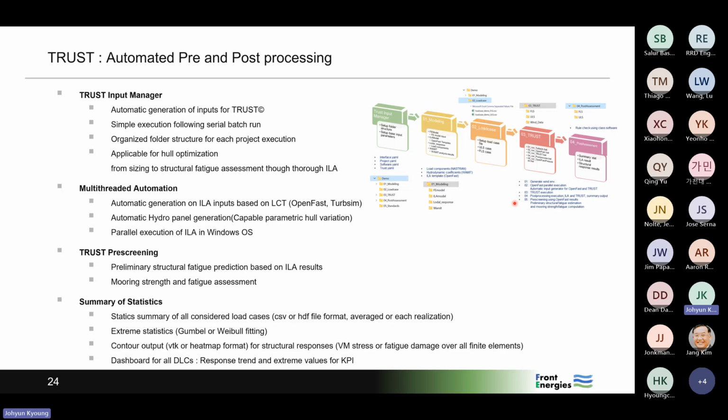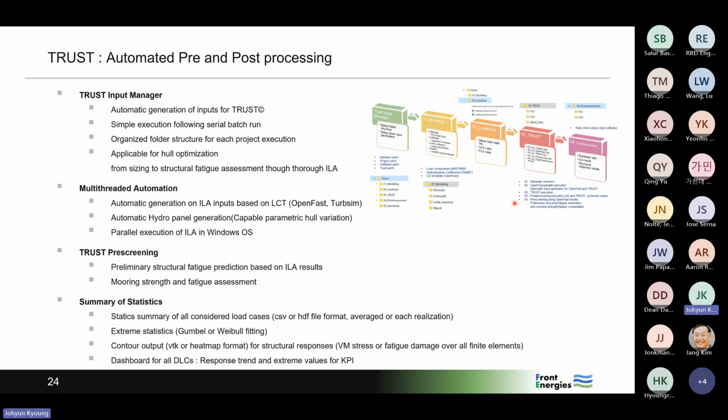Because TRUST deals with several programs, like the ILA program, the structural analysis program, and sometimes the hydrodynamic coefficient generating program like WAMIT, it can be a little bit complex. That's why we developed an integrated data handler. We call it the TRUST Input Manager.